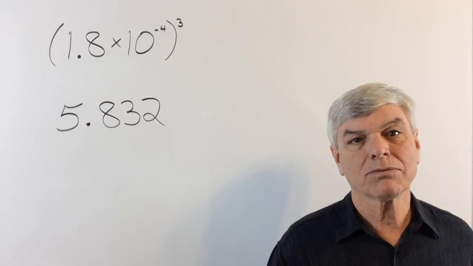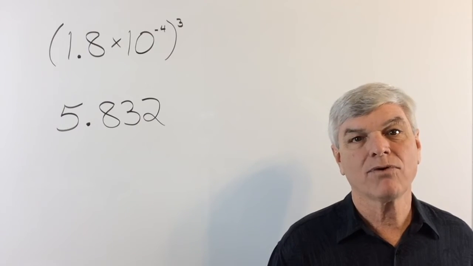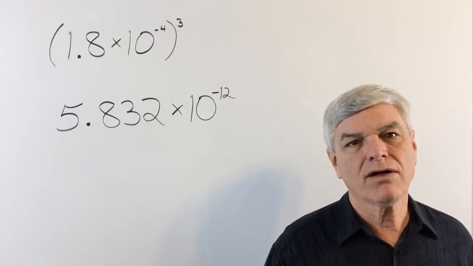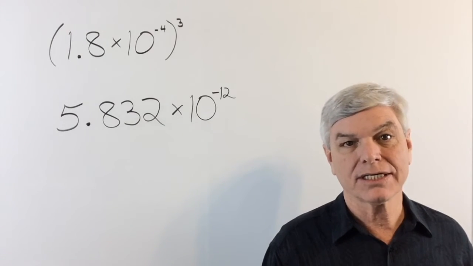We're going to multiply the exponents. Remember that? When the exponent is not associated with a number or a variable, we multiply the exponents. So 3 times -4 is -12. And so we have 5.832 times 10 to the -12, and that is our answer.